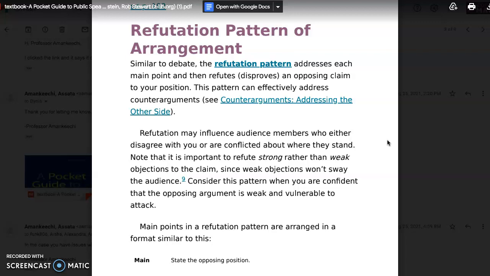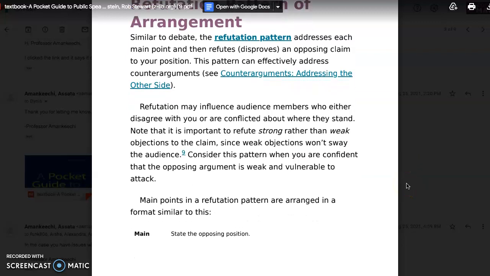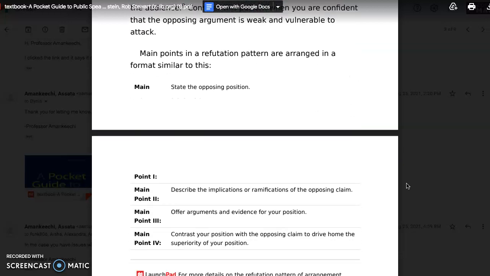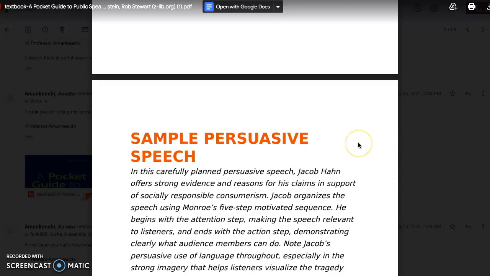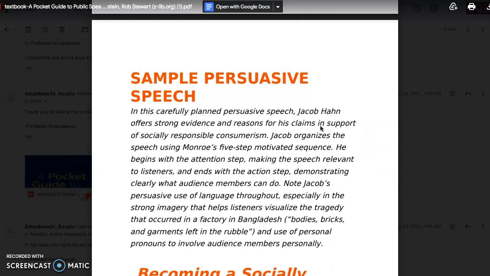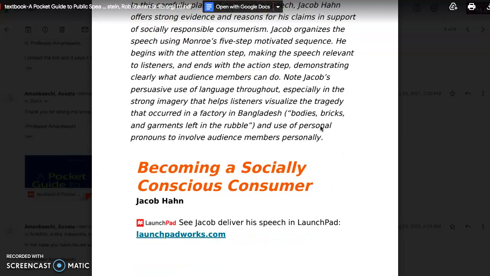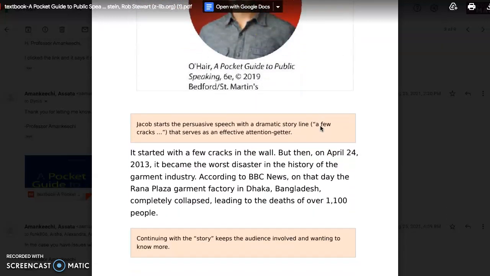Now, beware. If you decide to do the refutation pattern, it is important to refute based on strong evidence and not weak evidence, okay? Consider this pattern if you are confident about your opposing argument. They provide you examples of how to follow that particular pattern. And then as you continue to scroll down in chapter 24, they give you samples of persuasive speeches.